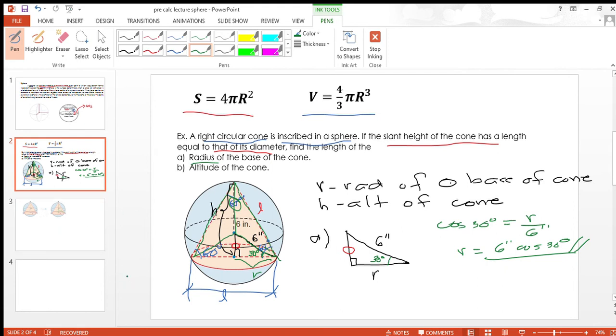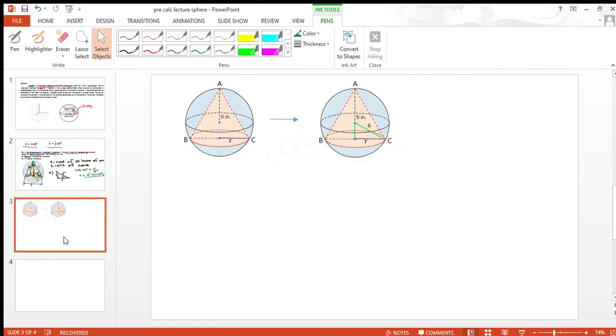So if we will now solve for the altitude of the circular cone, let's go back to the diagram and let me redraw the right triangle that we have isolated earlier.